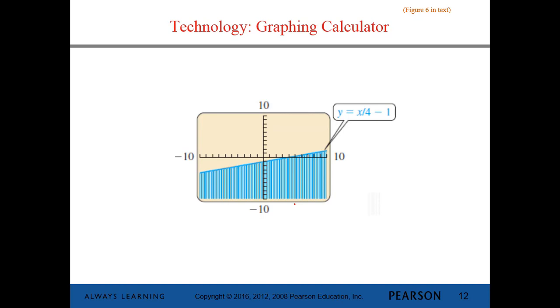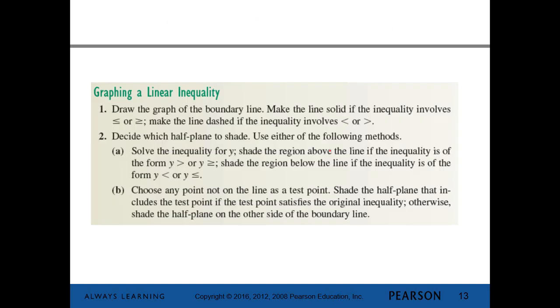I'm not going to show you that here, but ask me in class and I will make sure that I show you on the calculator how to do this. It's very easy. Also, the textbook shows you step by step how to do this type of graphing on your calculator, so definitely read the textbook.